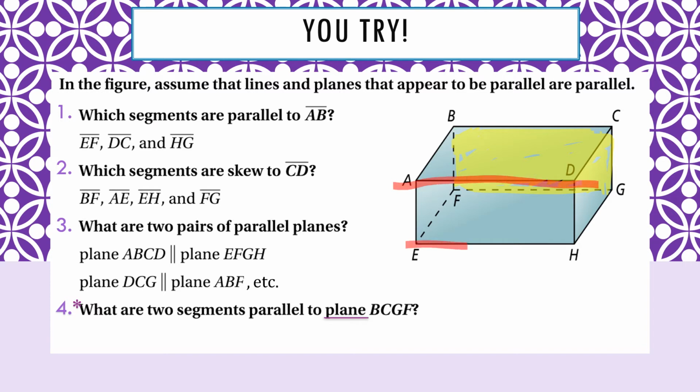EH could be parallel. Let's see, what else could be parallel to that plane? Because the plane could be the whole plane, we could have these 2 segments as well. So AD, DH, HE, and AE.